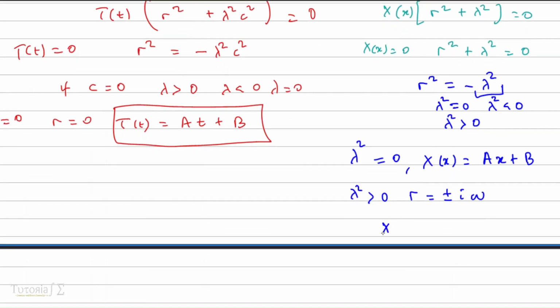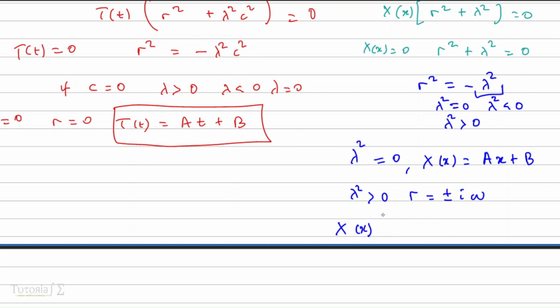So when it is complex, it is going to be a e raised to r1 x plus b e raised to r2 x. No, that's the case when it's a real number. Remember, that's when it's complex numbers. Yes, it's true. I remember: y equals a cos wx plus b sine wx.